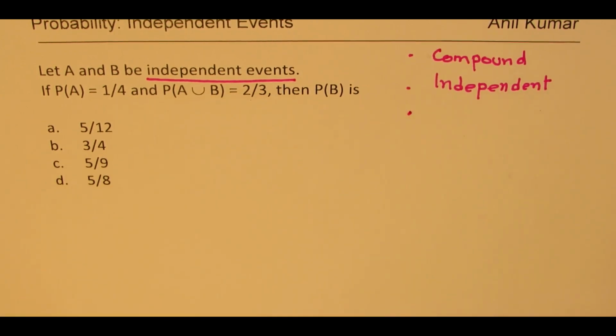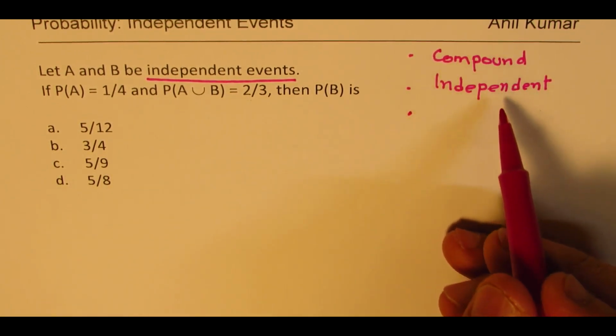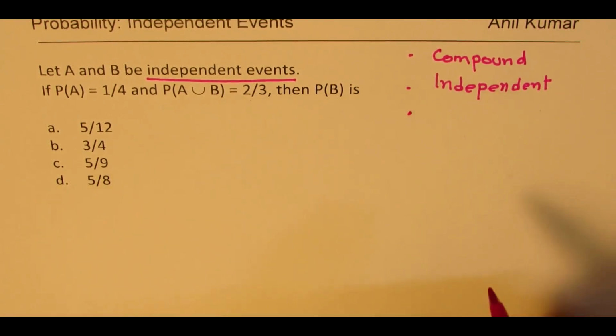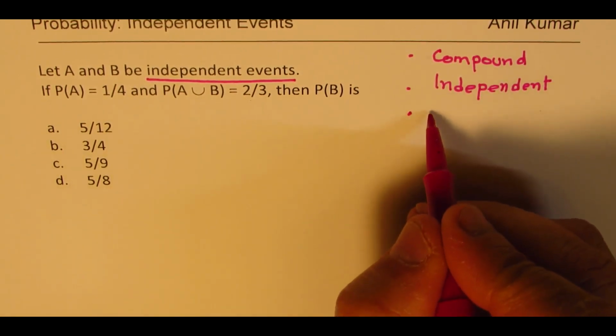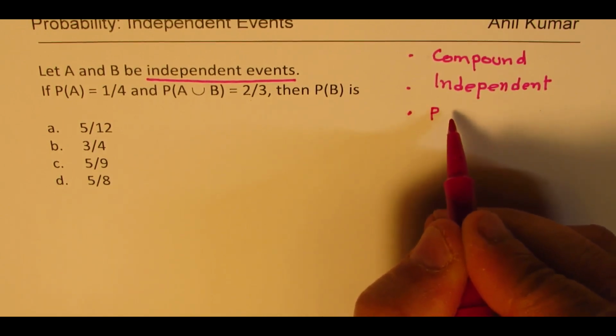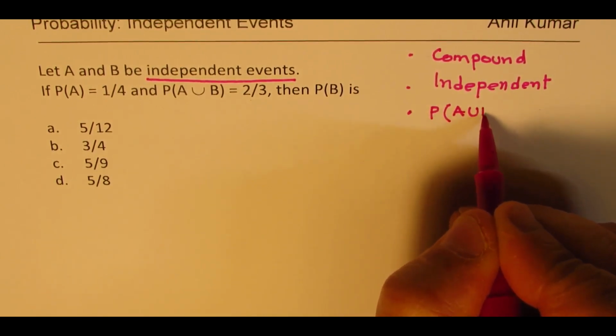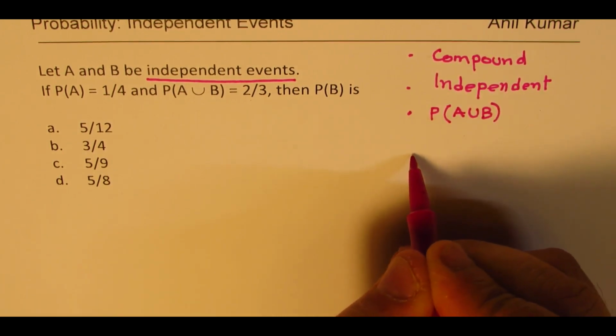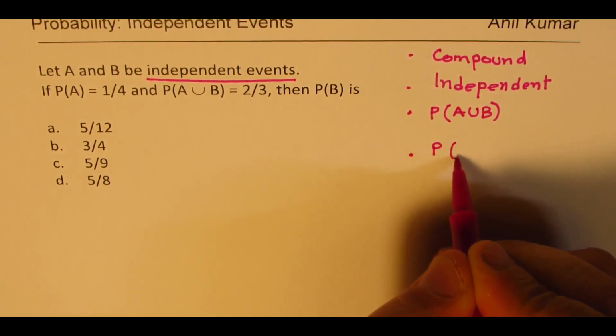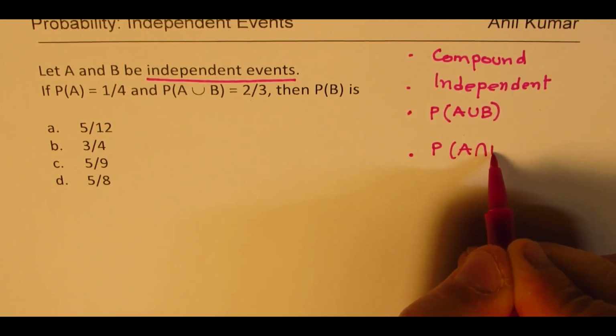That is what you have to think of. Now, if there are two events which are compound and independent, as given in this situation, then what is going to be the probability of A union B? This is what you need to figure out. And what is going to be the probability of A intersection B?